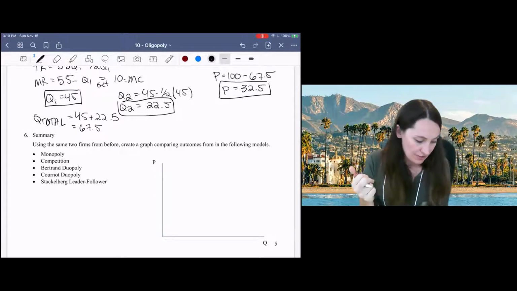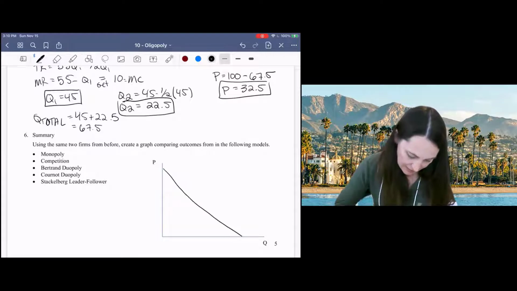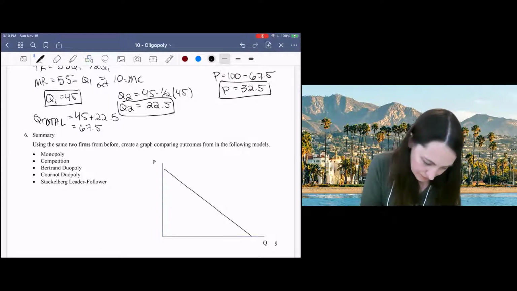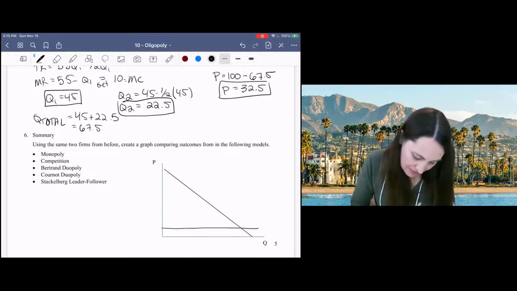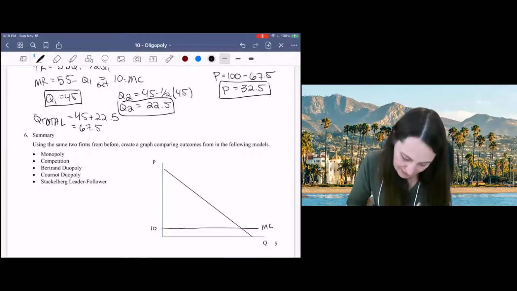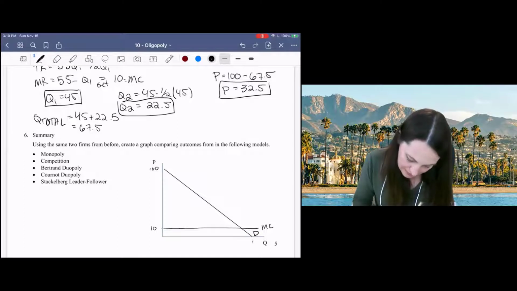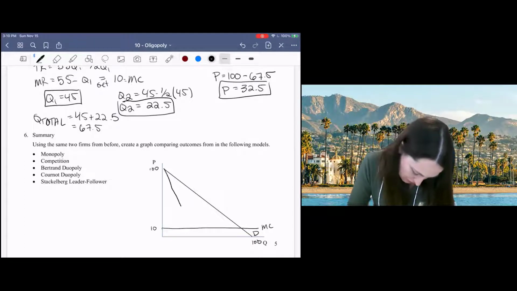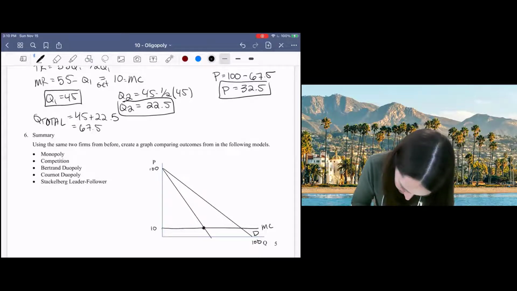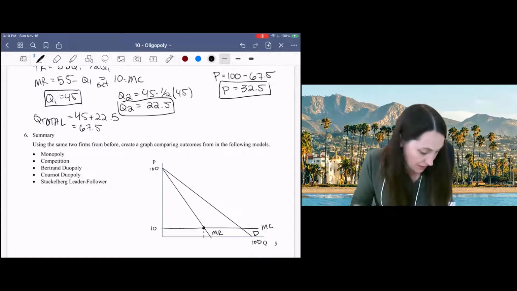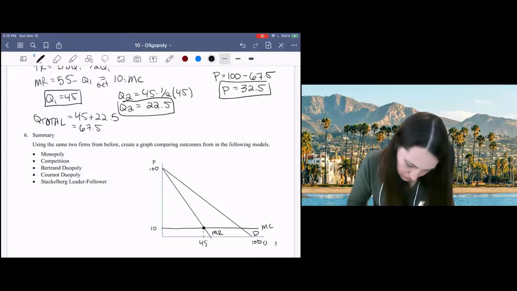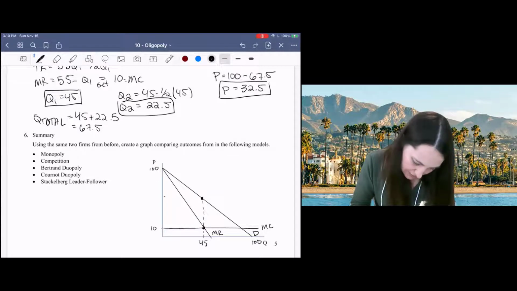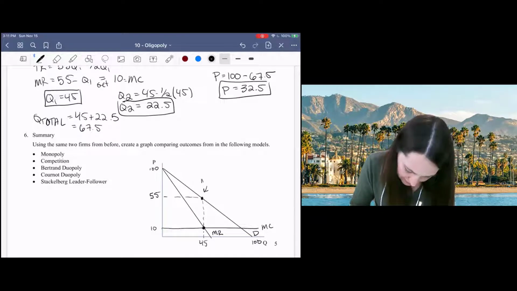We've already plotted on the last page the monopoly outcome and Cournot, but I'll remind you that monopoly produced 45 units, charged a price of 55, and earned a profit of 2,025.